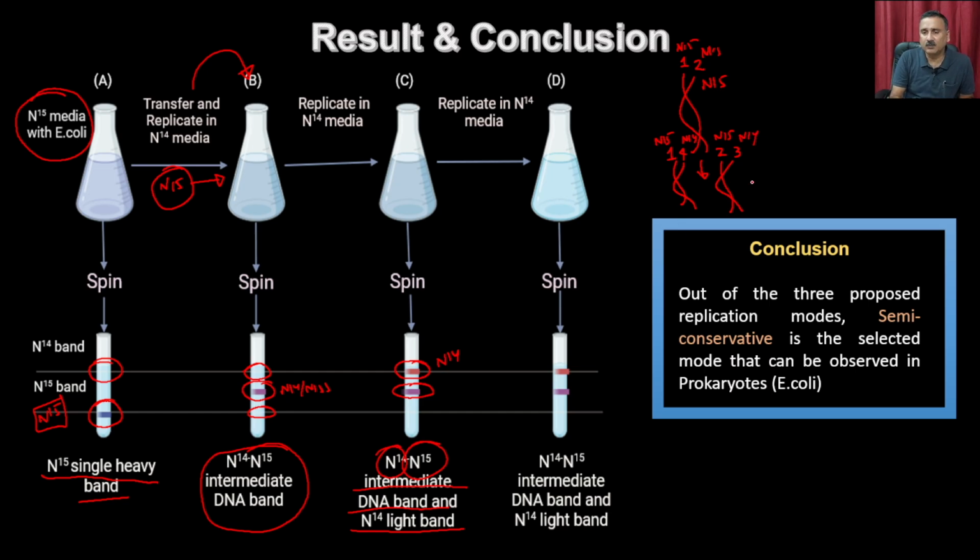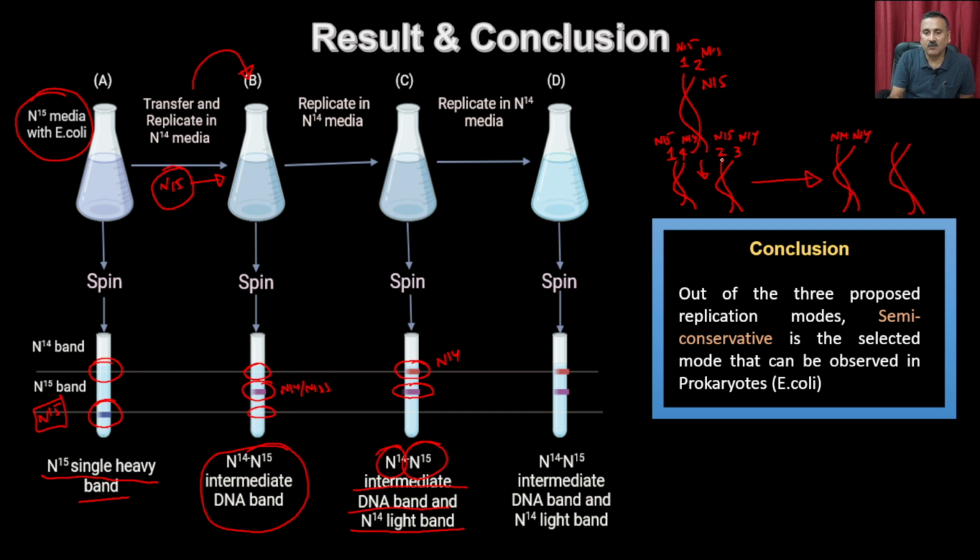Now, if this goes for another generation, then this N14 is going to replicate, this N14 is going to replicate, and N15 will again have another copy. So, when you have another replication, you are going to have 4 DNA molecules.